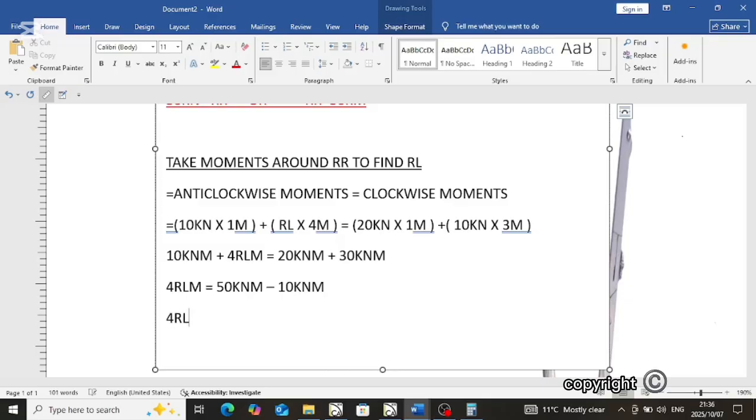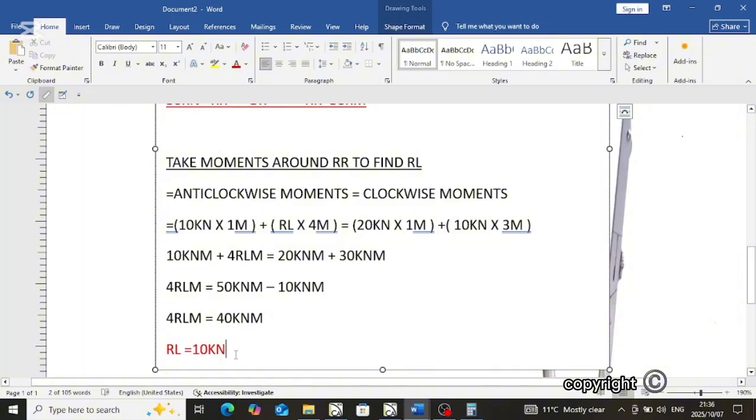Then we subtract 10 kilonewton from the right hand side. 4RLM equals 40 kilonewton meter. Then at the end we divide by 4 to get RL. So this is 10 kilonewton.